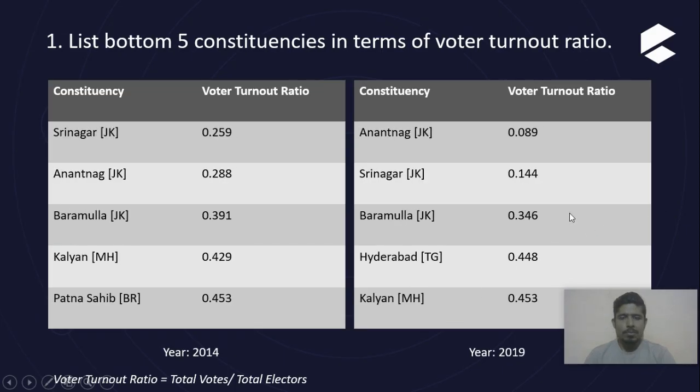Similarly, the bottom five constituencies in terms of voter turnout ratio for 2014 are Srinagar, Anantnag, Baramulla, all three from Jammu and Kashmir, then Kalyan constituency from Maharashtra, and then Patna Sahib constituency from Bihar. For the year 2019, these bottom five constituencies are again Anantnag, Srinagar, and Baramulla from Jammu and Kashmir, then Hyderabad from Telangana, and Kalyan from Maharashtra.